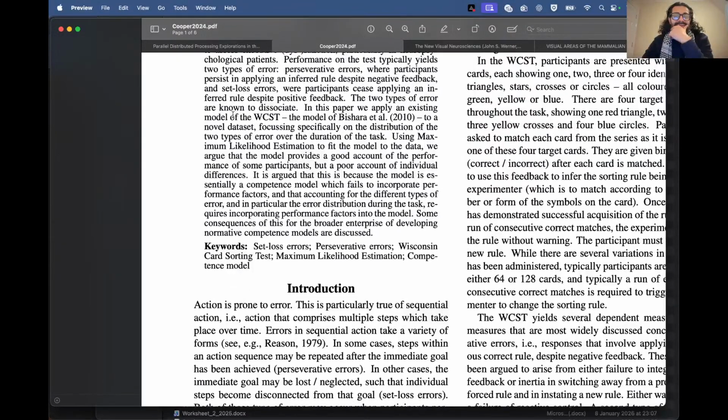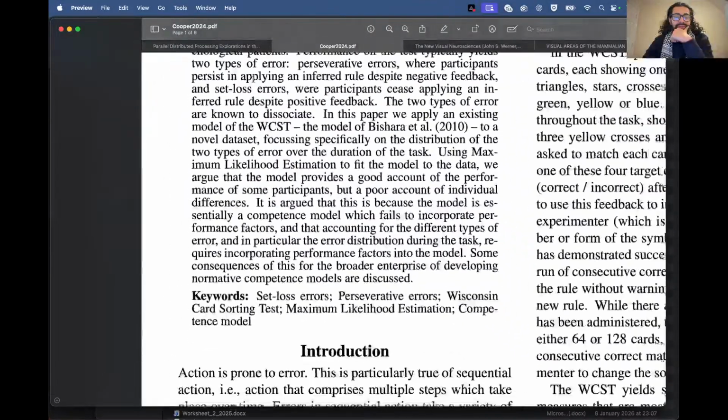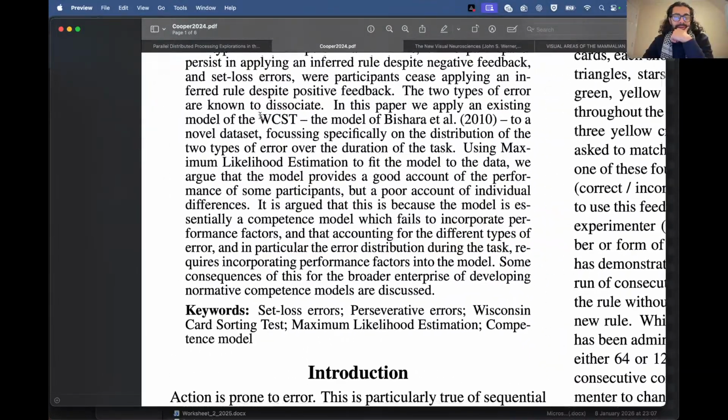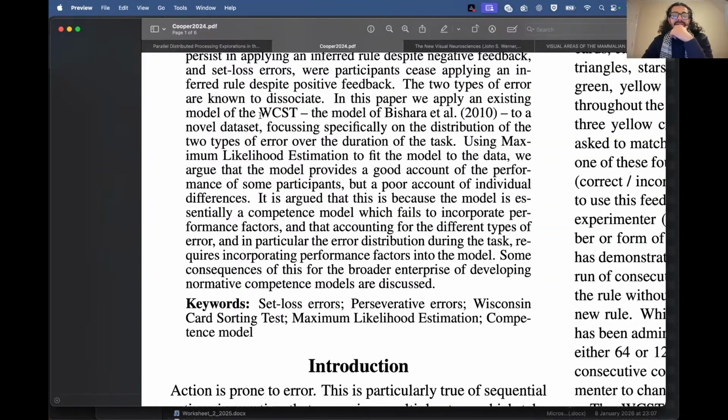Performance on the test typically yields two types of error: perseverative errors, where participants persist in applying an inferred rule despite negative feedback; and set loss errors, where participants cease applying an inferred rule despite positive feedback.